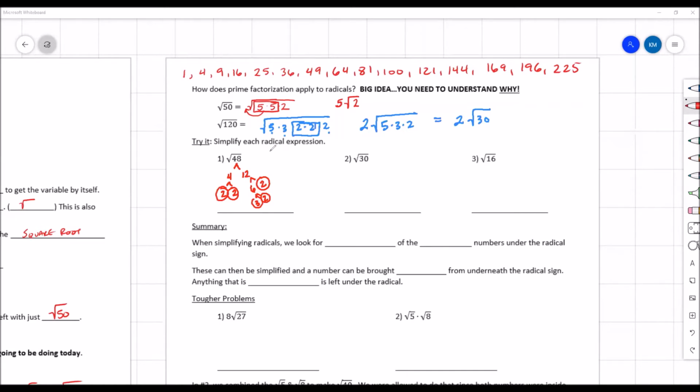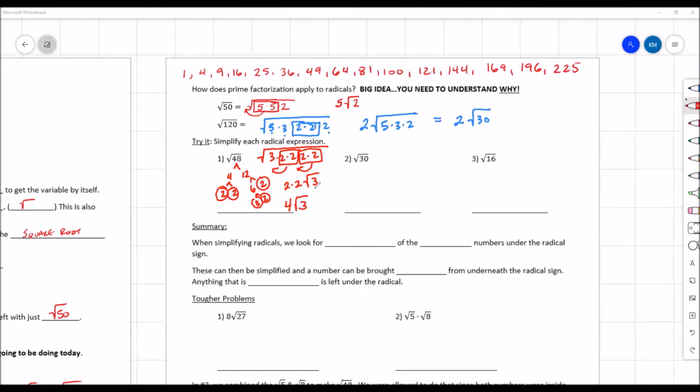This is my prime factorization. I'll write that here. All my terms here, I have a 3, then I have 1, 2, 3, 4 2s. I take my pair of 2s out, pair of 2s out. So outside of my radical now I have 2 2s, and inside of my radical I have a 3. 2 times 2, 4.